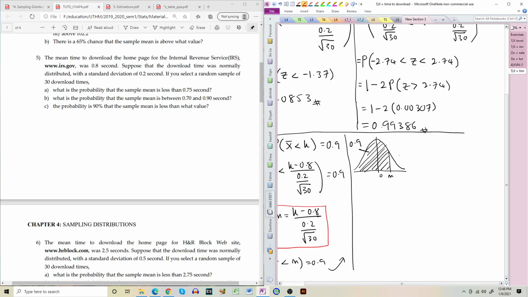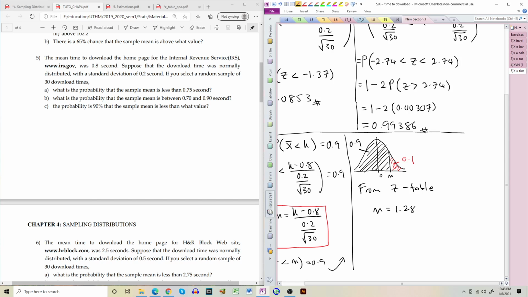So we are going to look at the red color one, which is 0.1. So from the Z table, my m is 1.28.